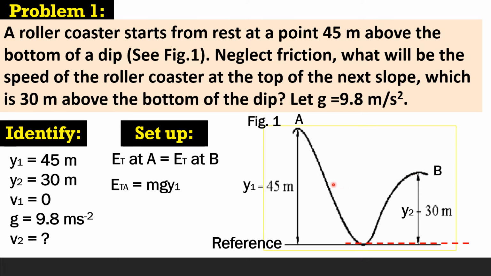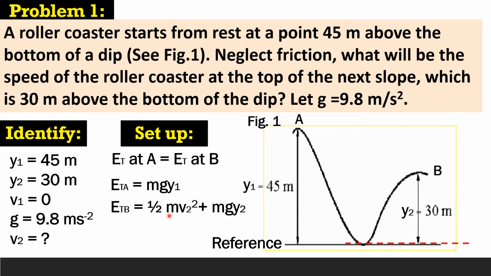Now, the other part of the equation that we are going to use, of course, is to determine the total mechanical energy of the roller coaster when it reaches point B. So we label it here as the sum of the two forms of mechanical energy.